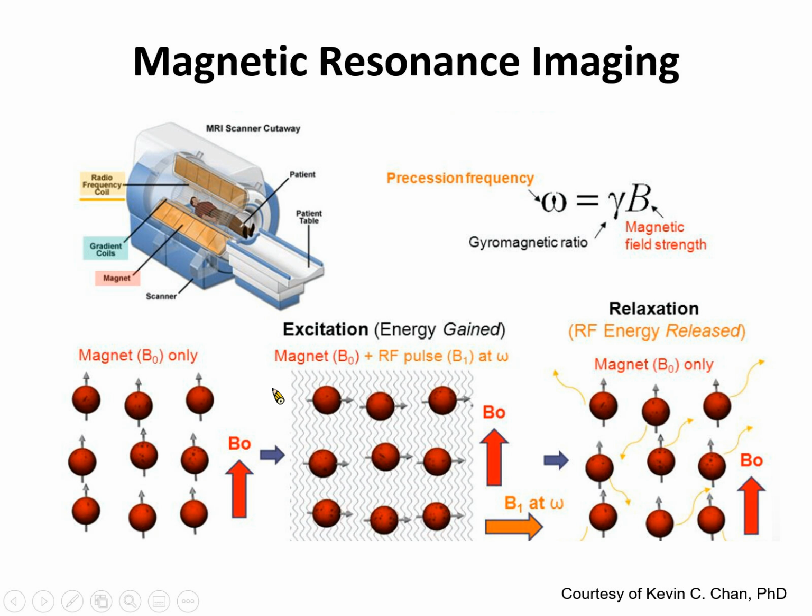Then we can let the MRI machine create another radio frequency pulse, and we can change its magnetic field, so it can alter the direction of the atoms or particles.